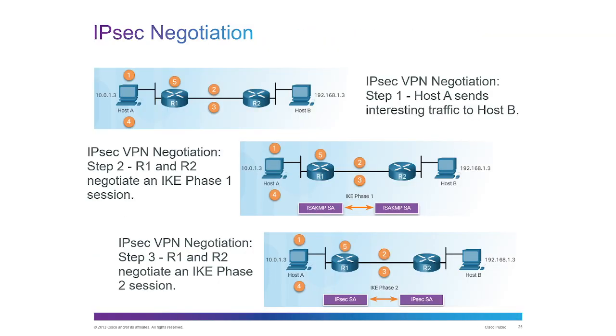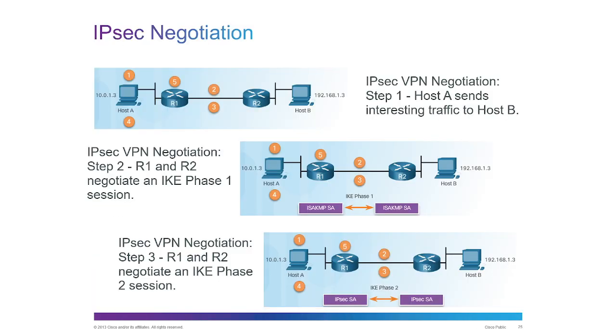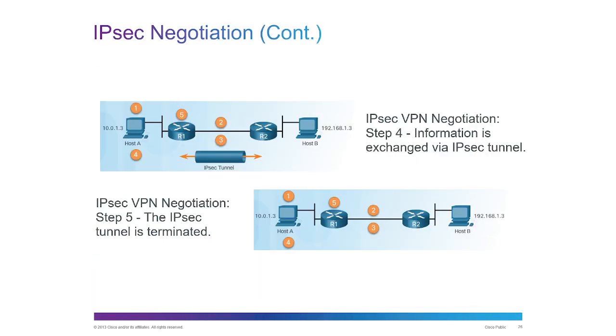Once that has happened, it can go into phase two, the VPN negotiation phase, which is where we do the IPsec parameters, where we get the security associations. That would be phase two.